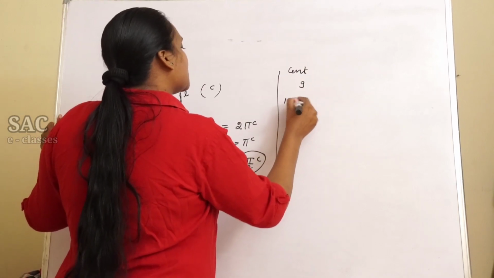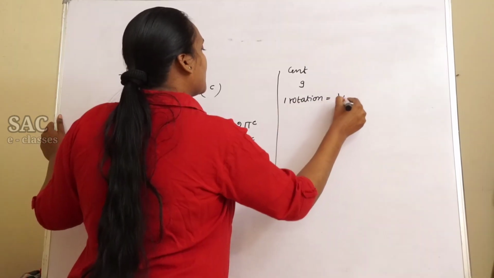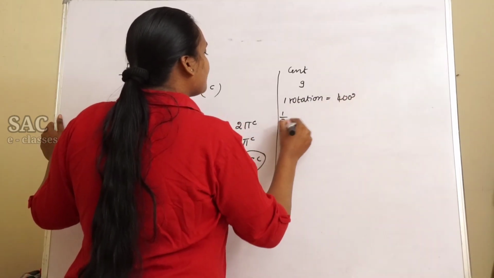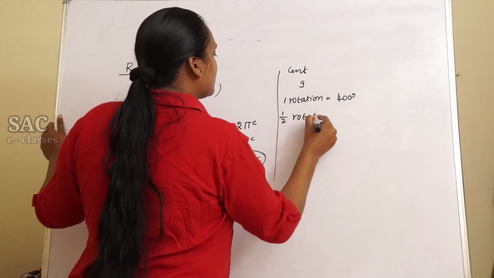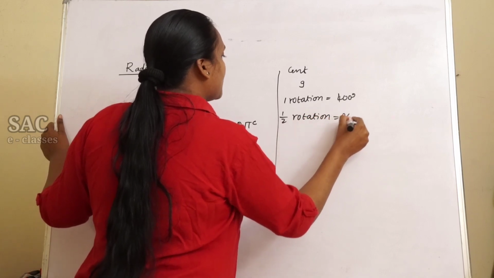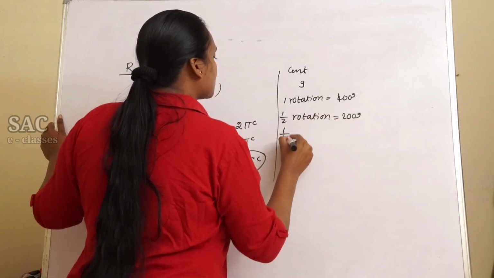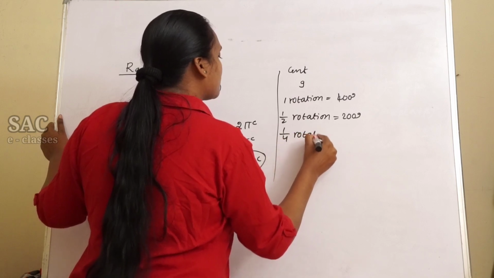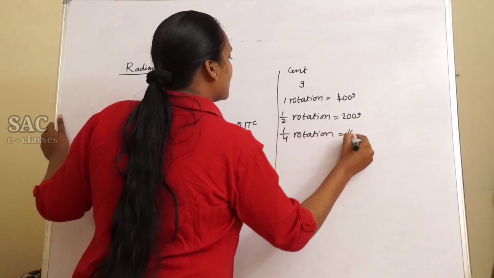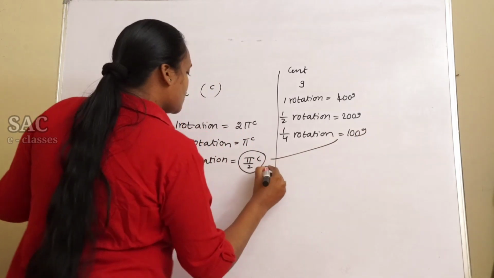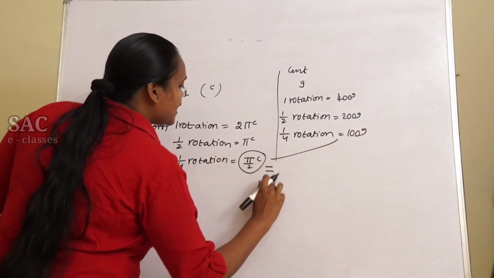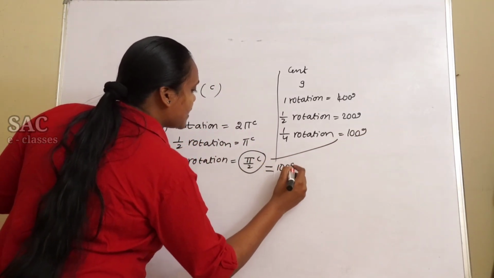One rotation is equal to 400 grades. Half of the rotation is equal to 200 grades. 1/4 of the rotation is equal to 100 grades. So, pi by 2 radians is equal to 100 grades.